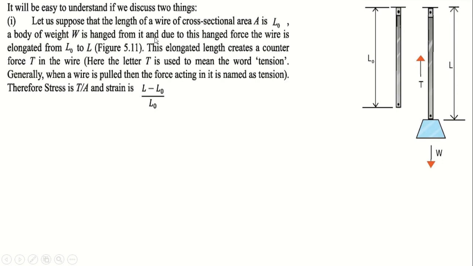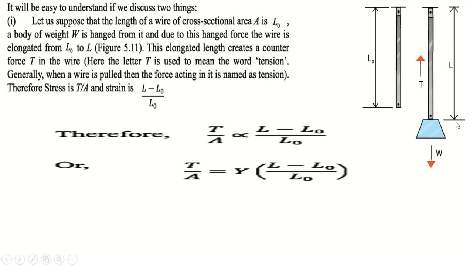So now we'll explain it again elaborately. Look, the length of the string was L0, and after hanging a weight, its length became L. So when we hang the weight W, its length is elongated.